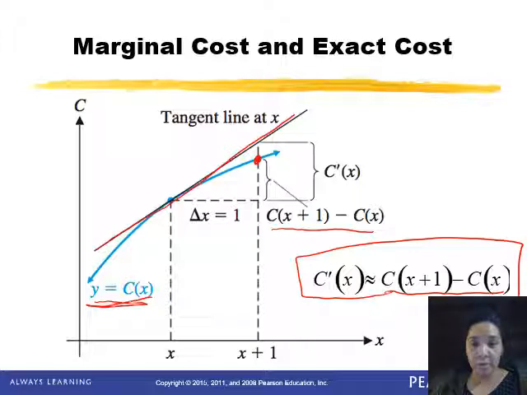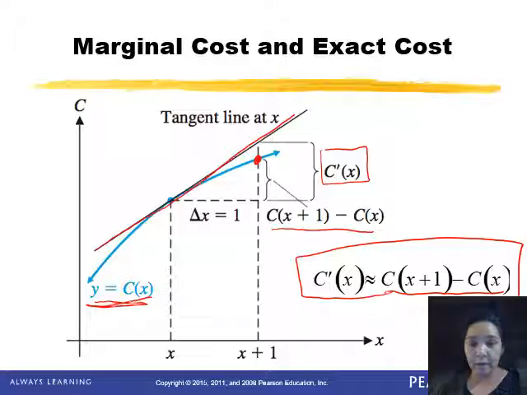And so the marginal cost is this information right here, the difference between the tangent line and the previous point.